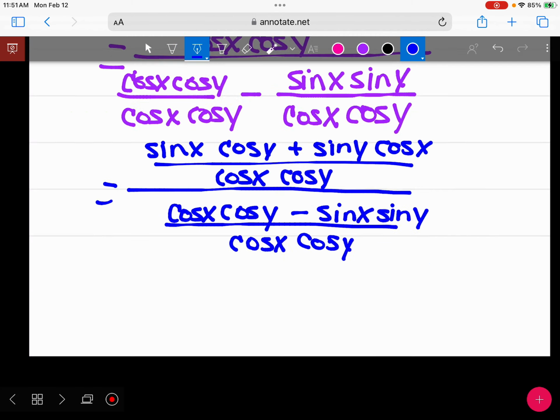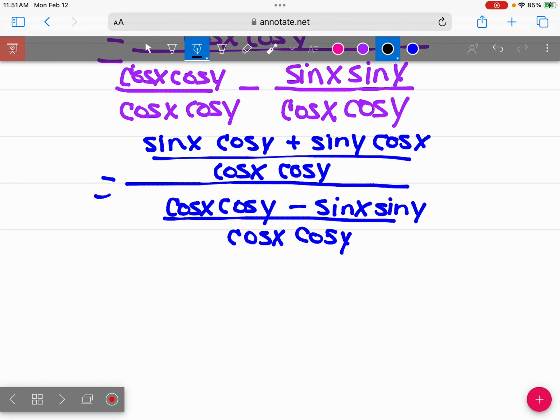And these get really, really long sometimes, and that's okay. So now I've got this big gigantor fraction, and what we're going to do is multiply by the reciprocal.